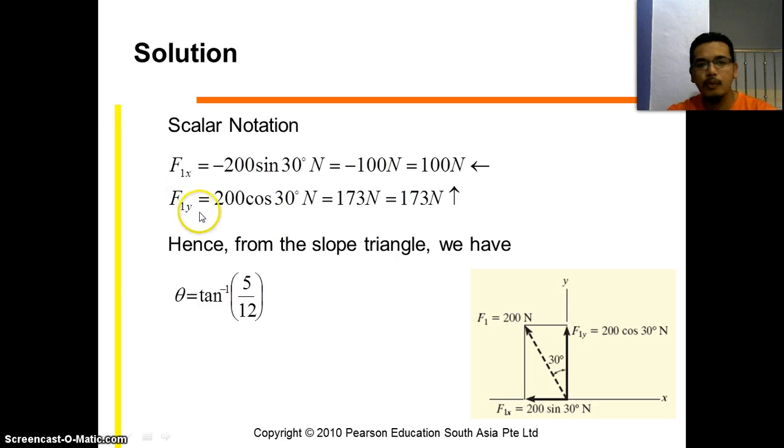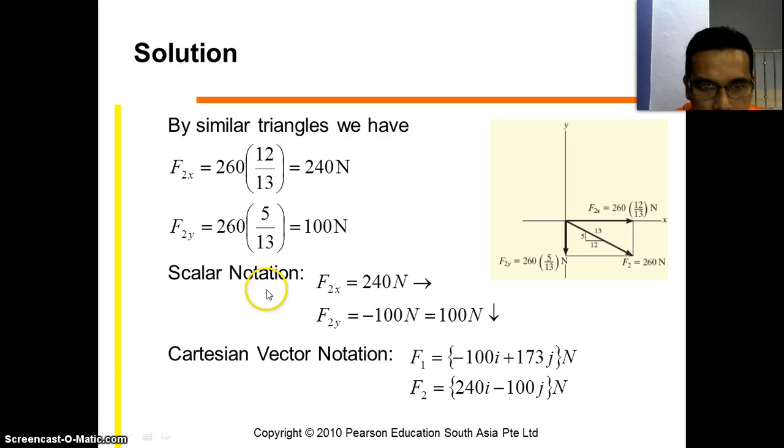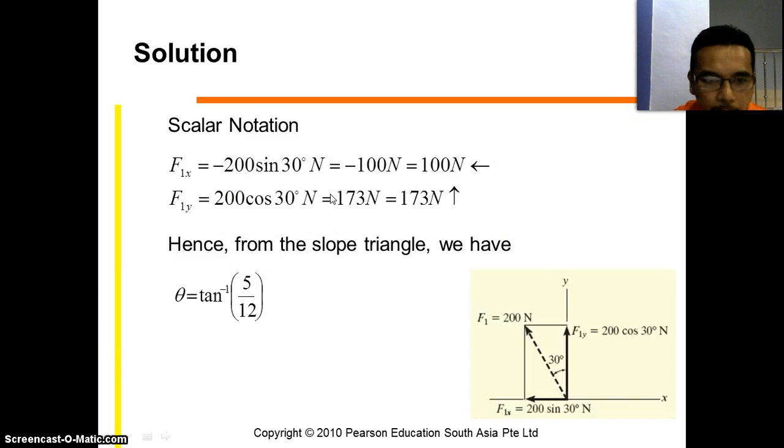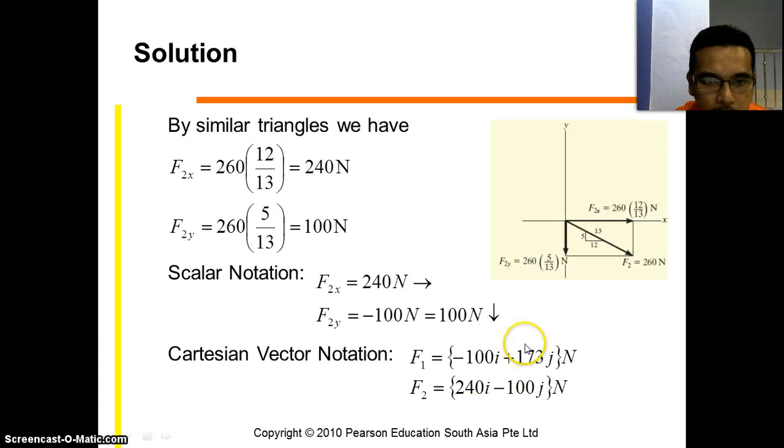And then F1y is 200 multiplied by cos 30, which is 173 Newton, or 173 Newton upward. The angle can be found using the tangent, the slope.